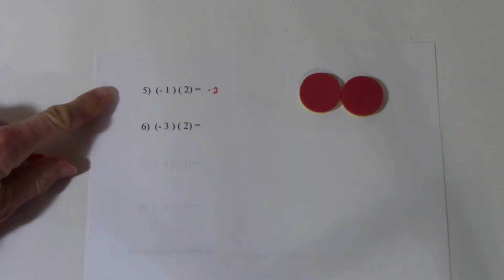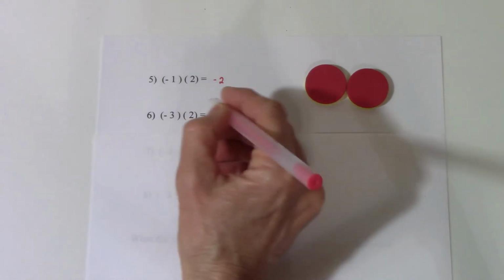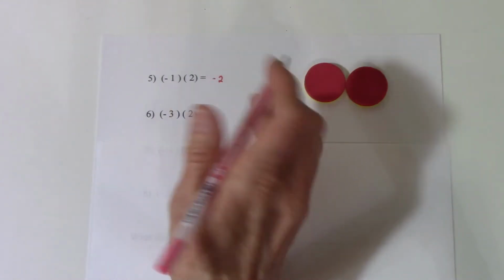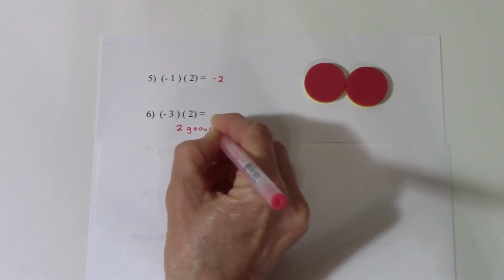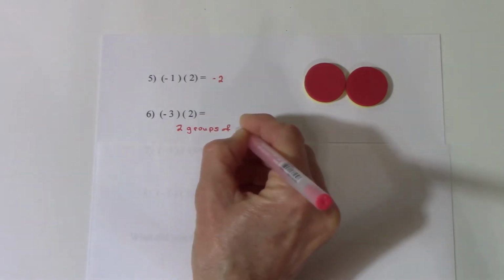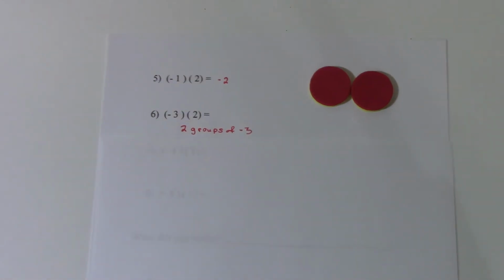So now for the next problem, when I have negative 3 times 2, I'm going to think of it as 2 groups of negative 3. So when I do that, I have 2 groups of negative 3.